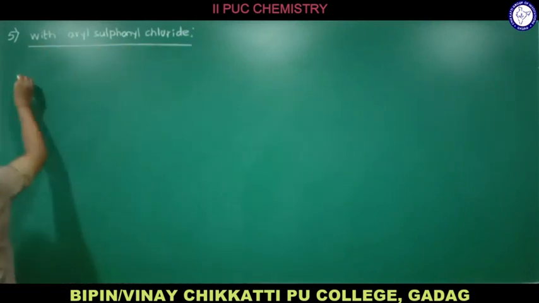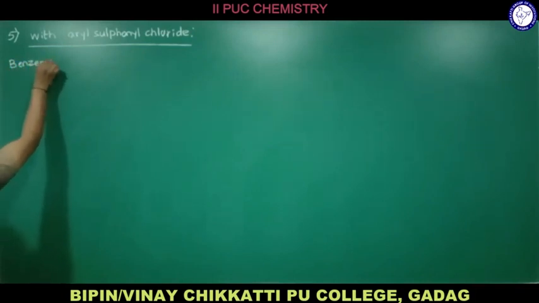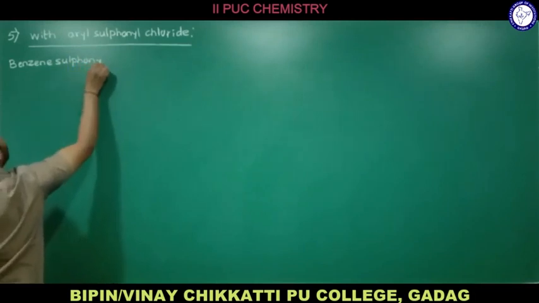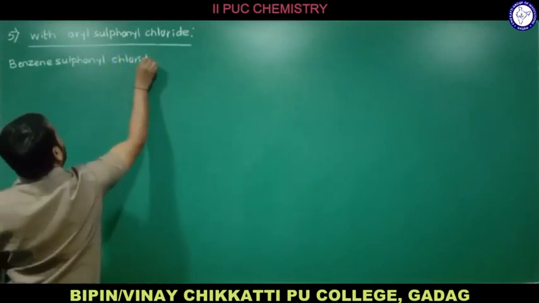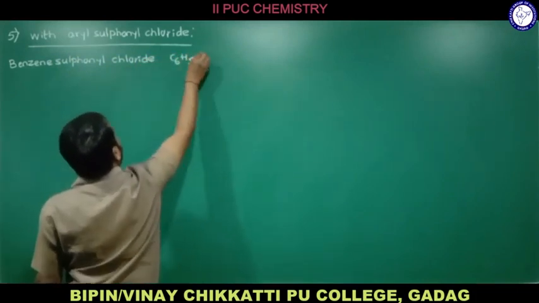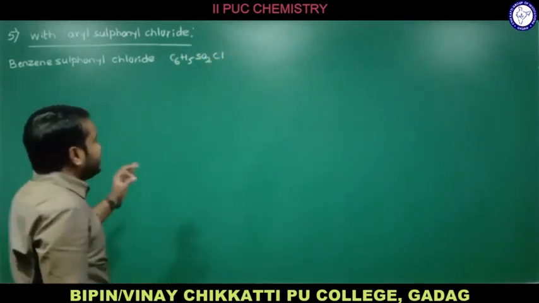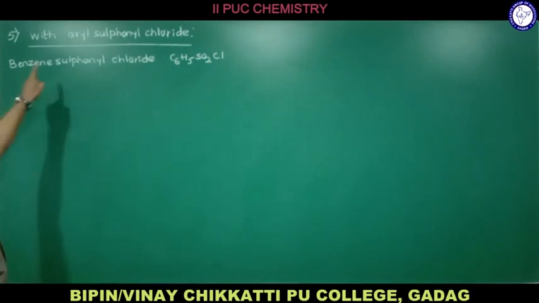Let me consider one particular compound, benzene sulfonyl chloride, and the formula I can write here is C6H5SO2Cl. See here, C6H5SO2Cl is nothing but benzene sulfonyl chloride.